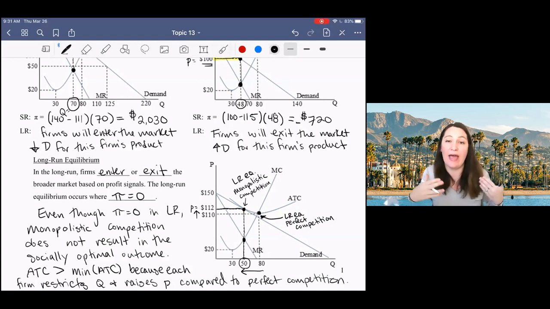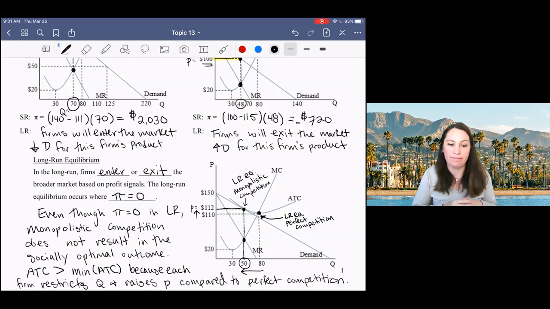And that's where all that kind of lost advertising revenue goes, right? These firms are trying to pay for advertising to convince you that their product is better than the other products in the market, right? And they're spending part of their profits to do that. When we have free entry and exit, it's going to drive profits towards zero. And that's how monopolistic competition works.